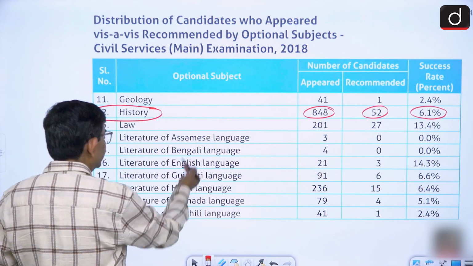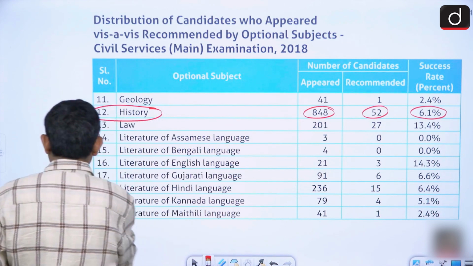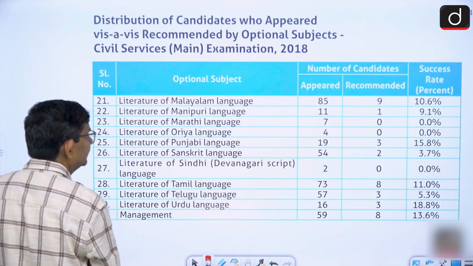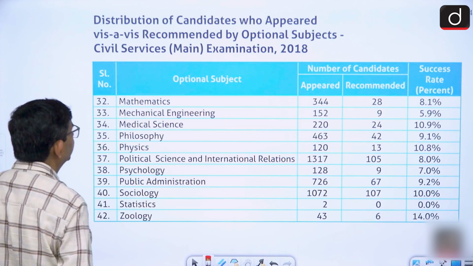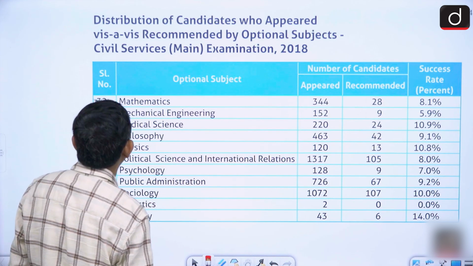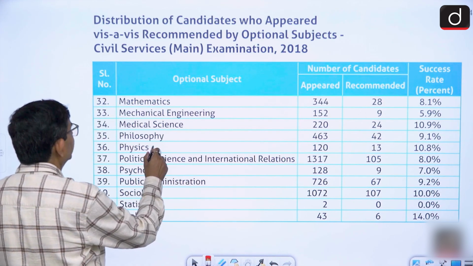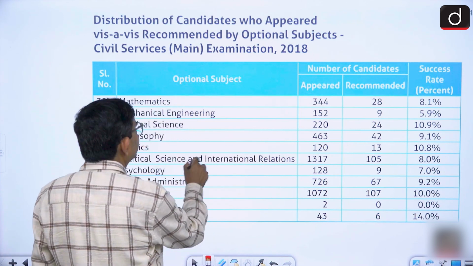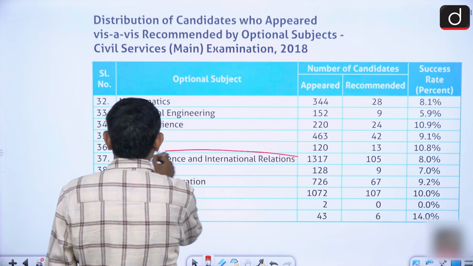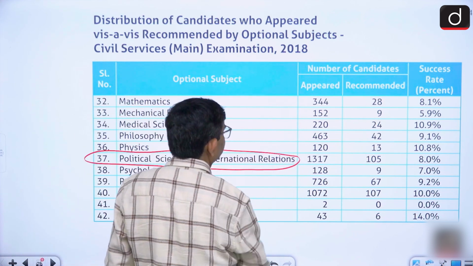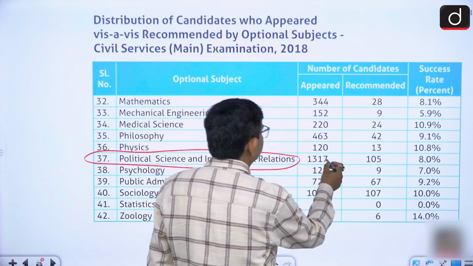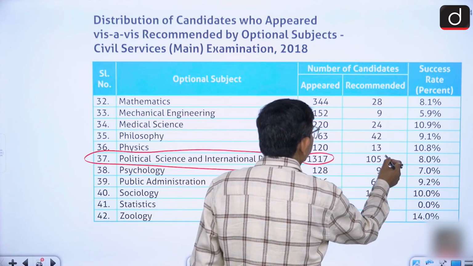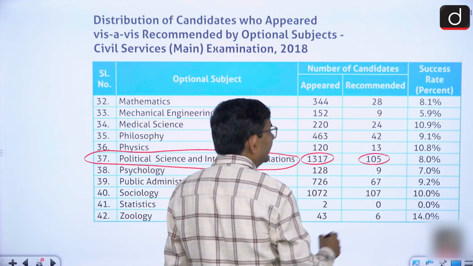Next, just forget about literature. Next is PSIR. It was 1317 appeared and 105 recommended.